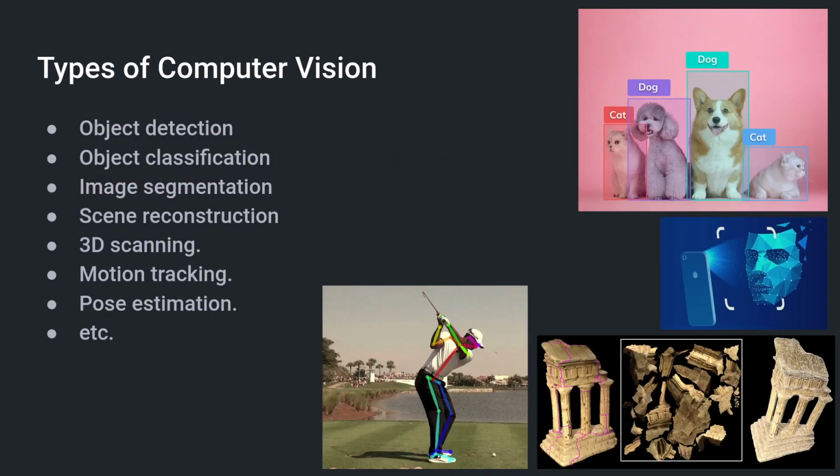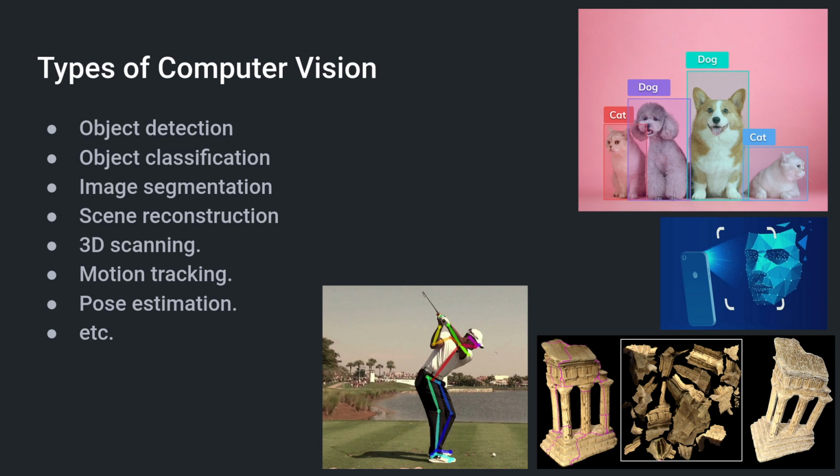We have scene reconstruction and 3D scanning. So pretty much with this, there are applications where you can take multiple photos of an object, and this will be converted into a 3D mesh, which you can then use in some type of 3D software.